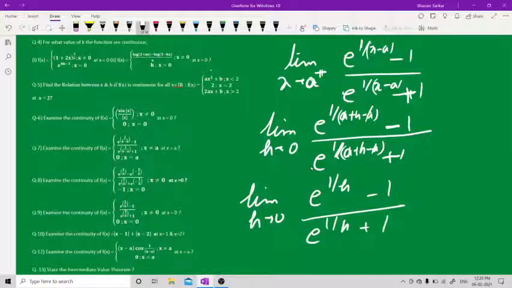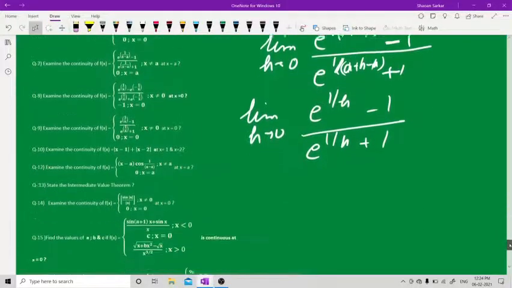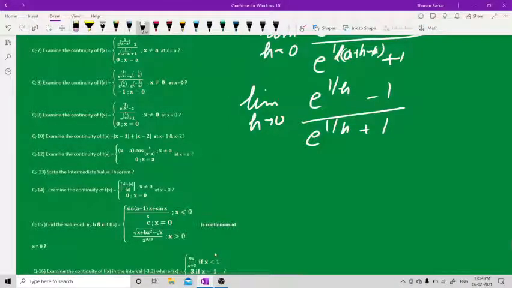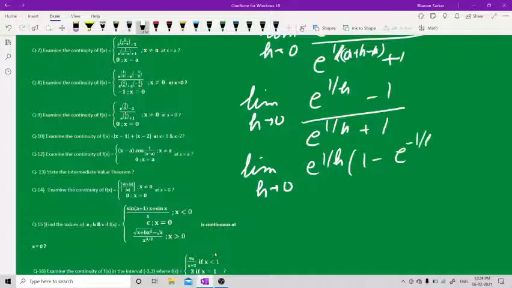Now take limit h tending to 0, e to the power of 1 upon h. Let's write it below. Wait a minute, let me rub this one. Limit h tending to 0, e to the power of 1 upon h, you take common, and this will become e to the power of, I've showed you this method with 1 upon x.